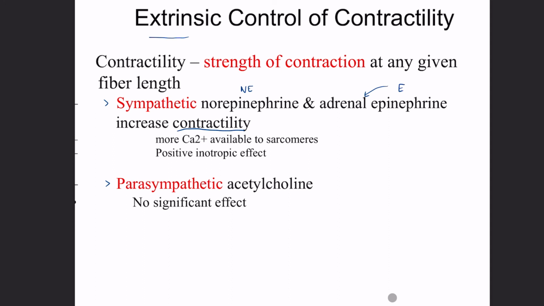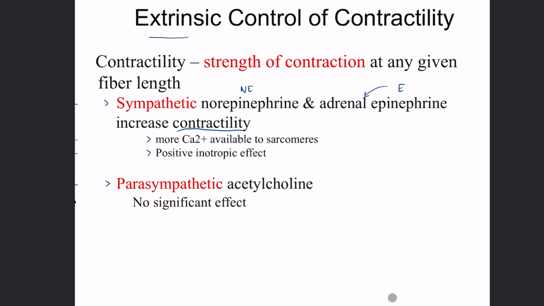It does this by increasing the calcium concentrations available to sarcomeres, increasing that intracellular calcium. So this is called a positive inotropic effect. It's going to increase contractility via increased calcium concentration.